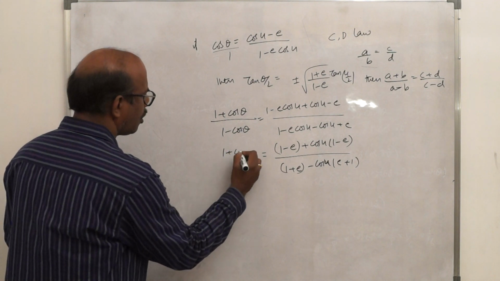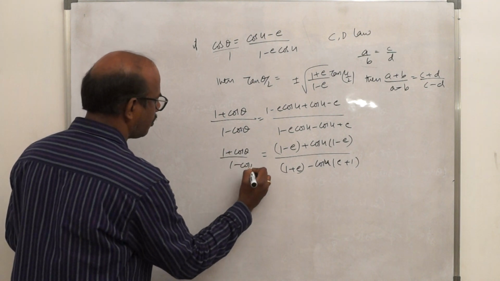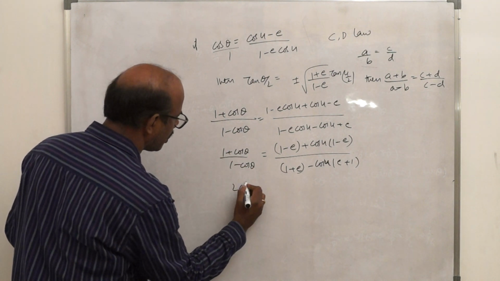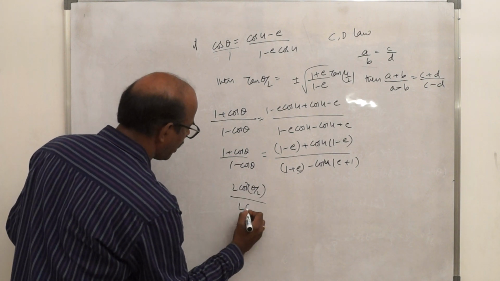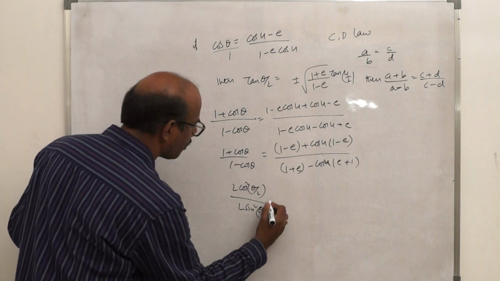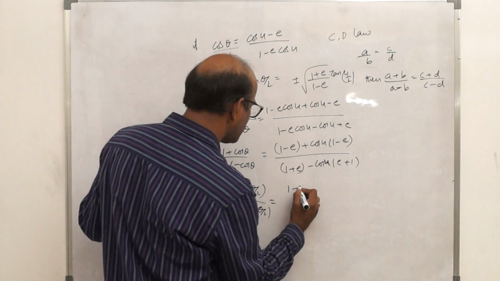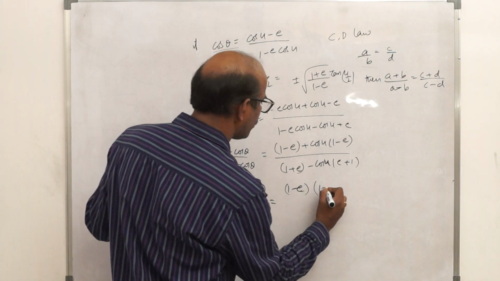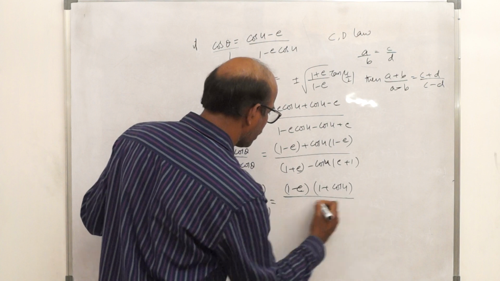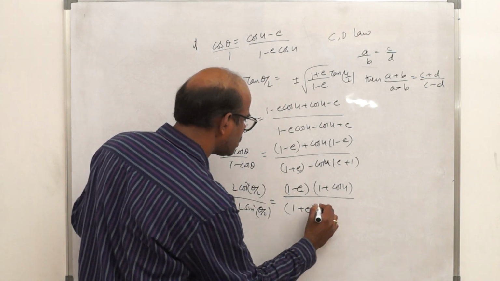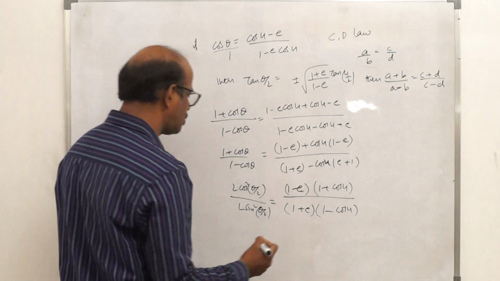Anything wrong? Right. Now make use of the multiple submultiple formula. 1 plus cos θ is 2 cos² θ by 2, and this will be 2 sin² θ by 2, and here 1 minus e common with 1 plus cos u, and here 1 plus e common with 1 minus cos u.